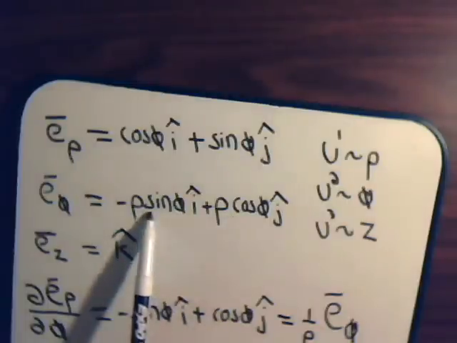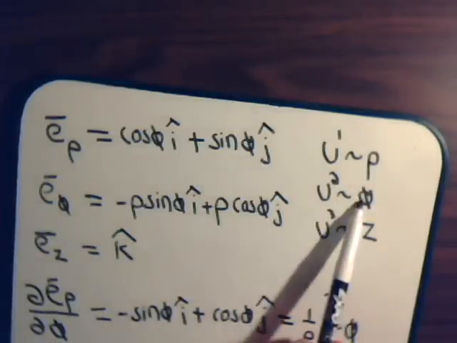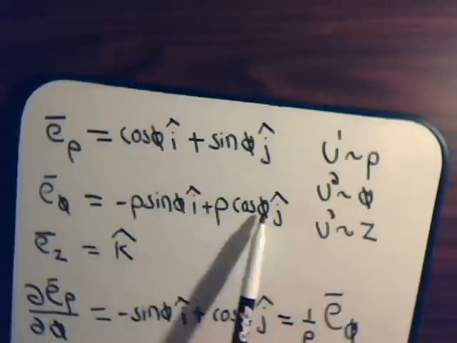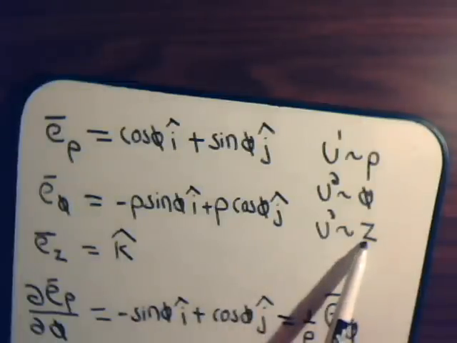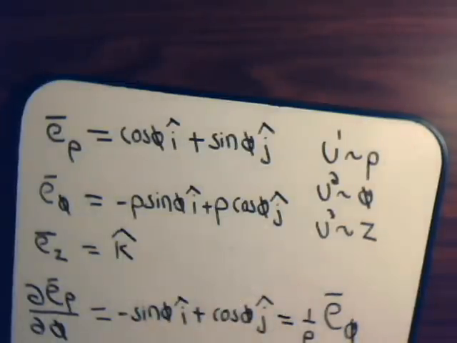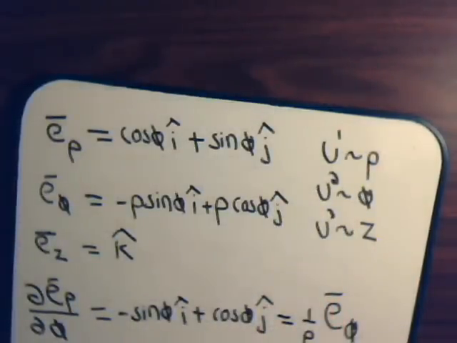That will give us a non-zero answer. Then take the partial of this with respect to psi. That will give us a non-zero answer. Then take the partial of this with respect to z. That will just be 0. So of the three derivatives that we take, 2 of them give us non-zero values.